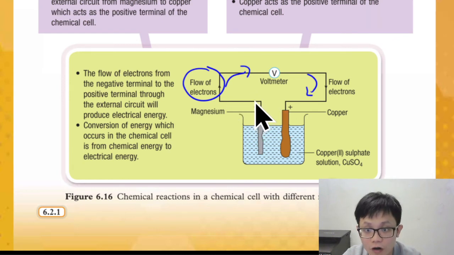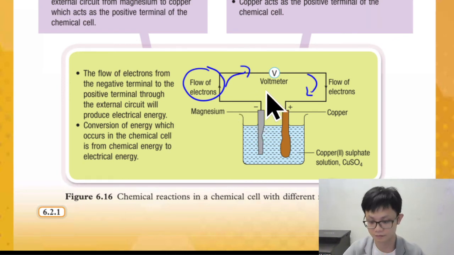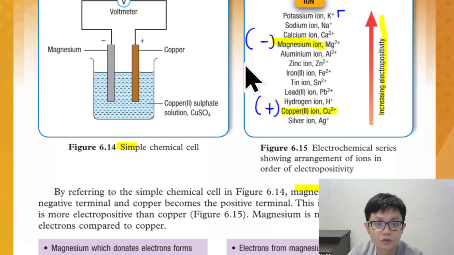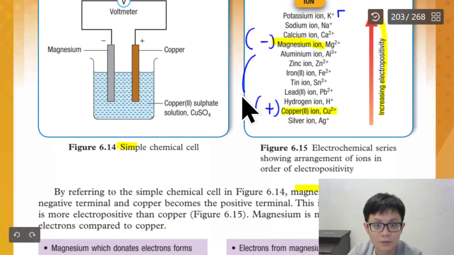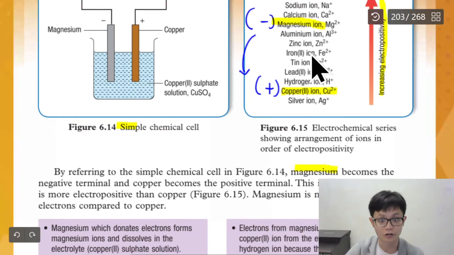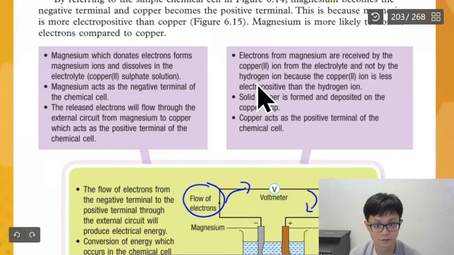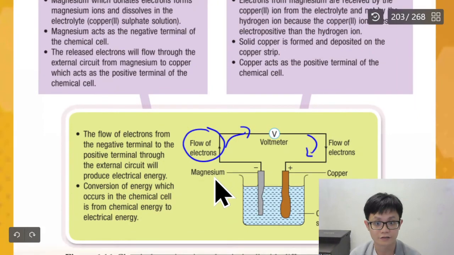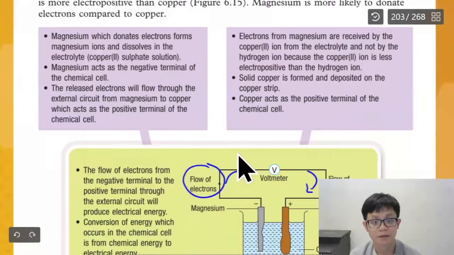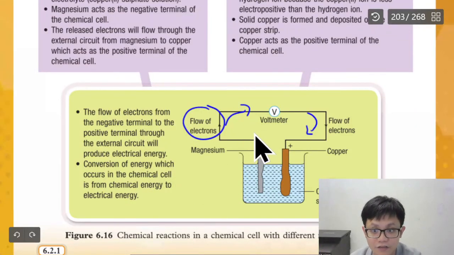The flow of electrons goes from the top to the bottom. So if you are up, you will be flowing electrons to the bottom. So the flow of electrons from magnesium to copper makes magnesium the negative terminal and copper the positive terminal.